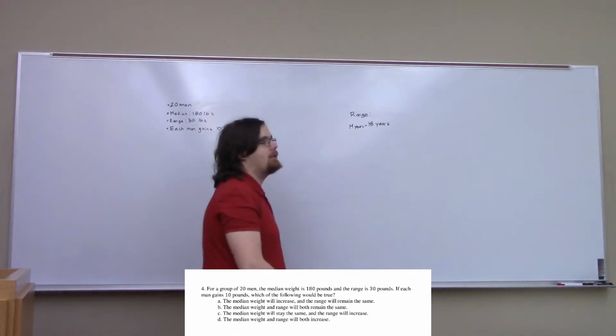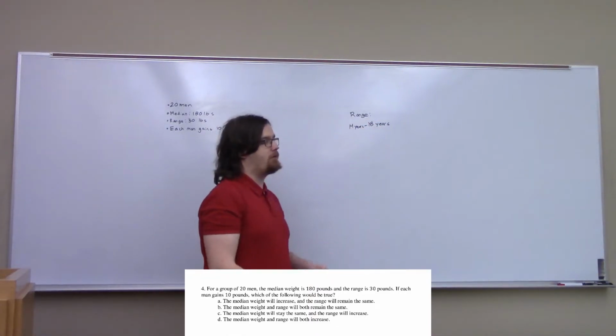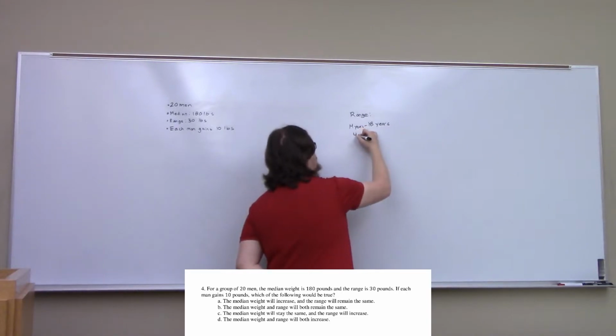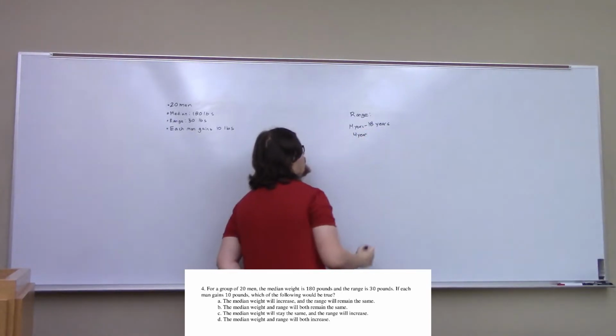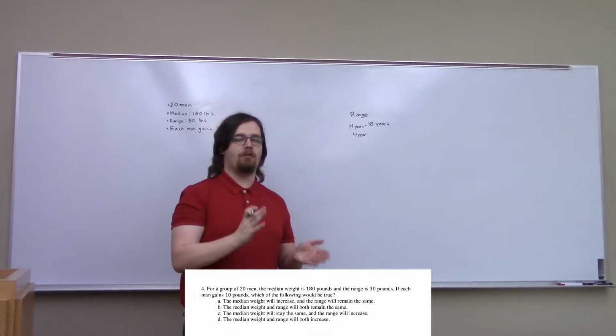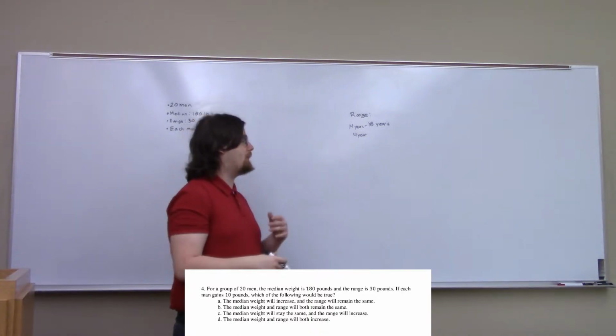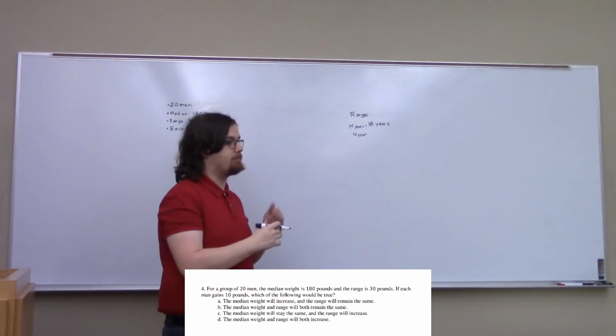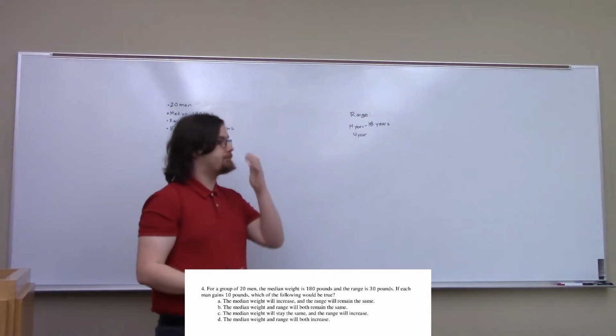So 14 to 18 years old, we do 18 minus 14, which gives us 4 years as the range. So that tells us the range of ages, or the range of a number in that set of values.